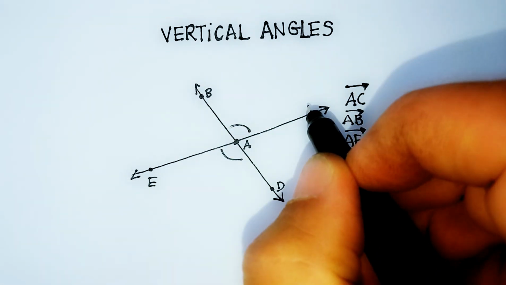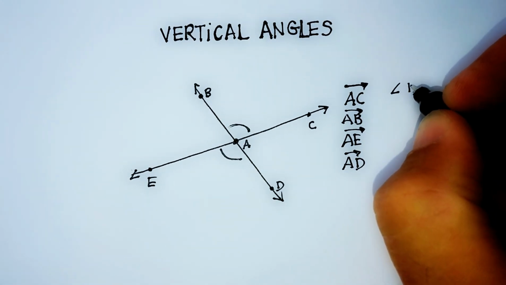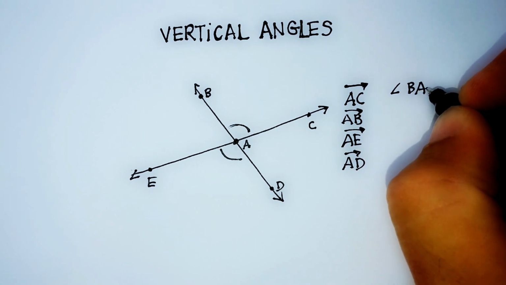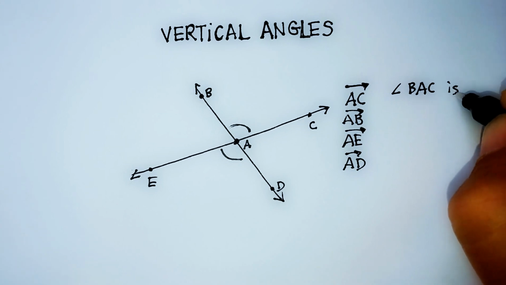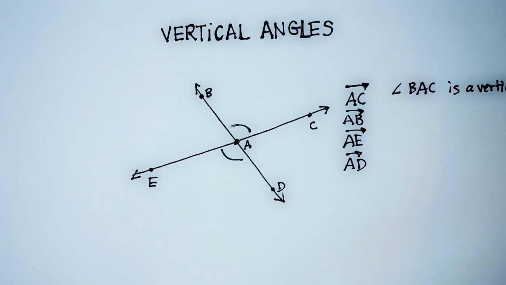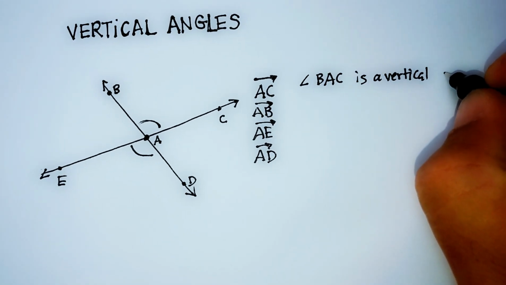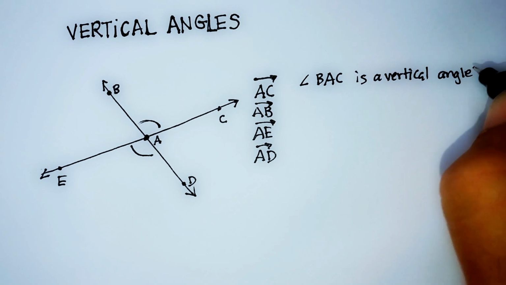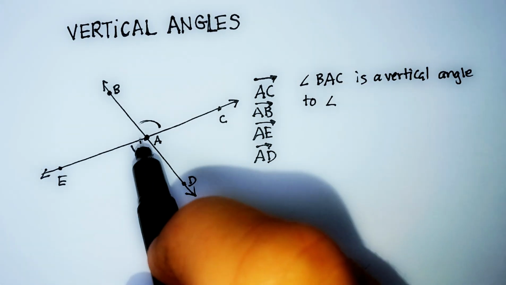Because that's the angle. So you'd say angle BAC is a vertical angle to angle EAD.